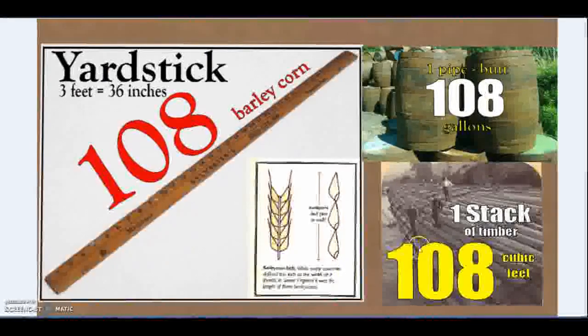But it's still with us to this day, a yardstick, even the word yardstick is a word you would use to measure something. Is it truthful? Is it real? The yardstick. But 3 feet is 108 barleycorn. Stacks of timber, 108 cubic feet, so third dimension. But even pipes or butts of wine and beer, 108 gallons.